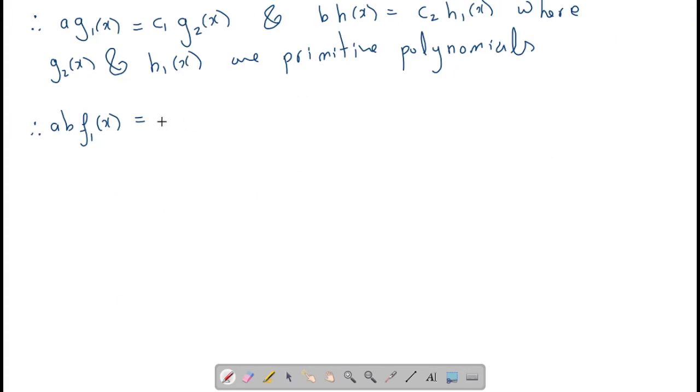Therefore this will be a times g1 of x into b times h of x.